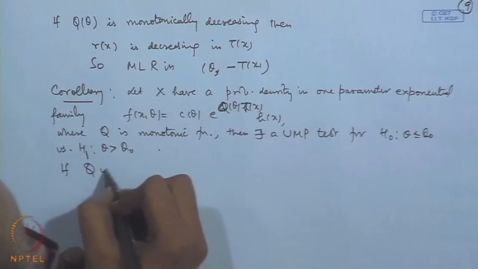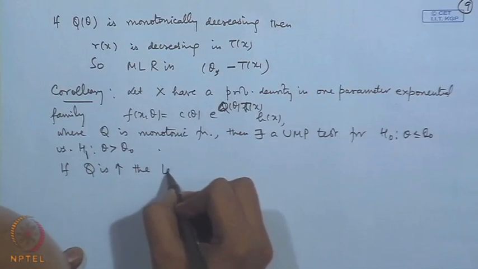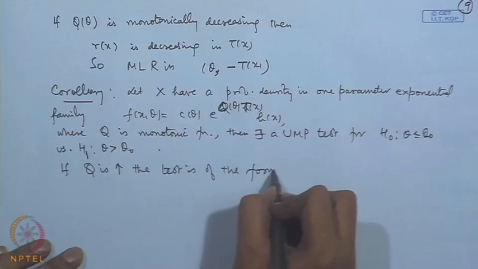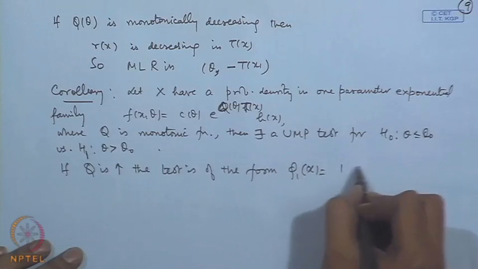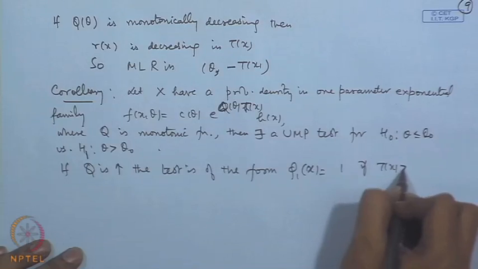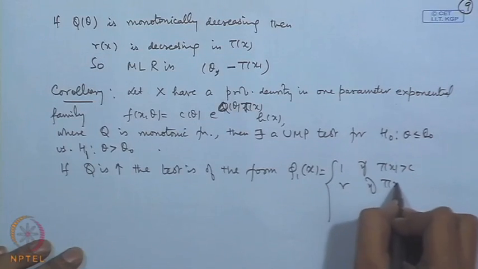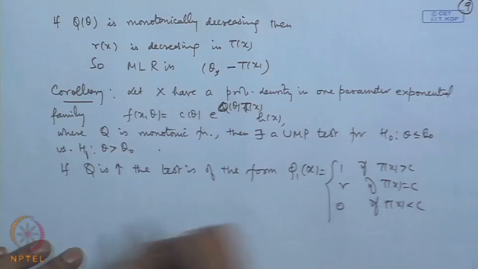If q is increasing, the test is of the form phi 1 x is equal to 1 if T x is greater than c, gamma if T x is equal to c, and 0 if T x is less than c.